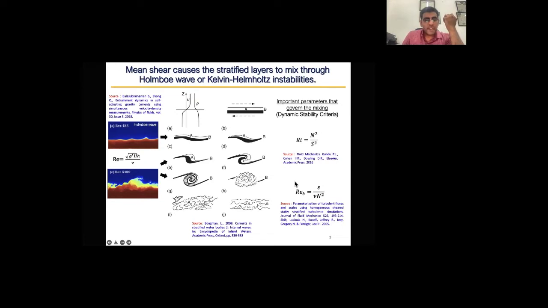Or you can use the buoyancy Reynolds number, also known as the Gibson number, which is the ratio of the viscous dissipation to some sort of buoyancy present in the flow. Both are commonly used, and as the talk progresses you will see how I use these two numbers. Overall, the Reynolds number only helps to qualitatively tell where you are, but to quantify, we will stick to Ri or Reb.